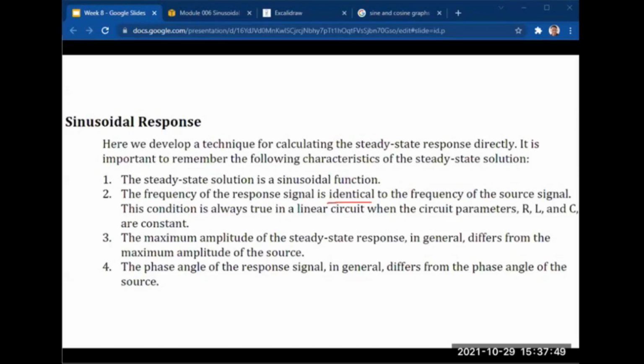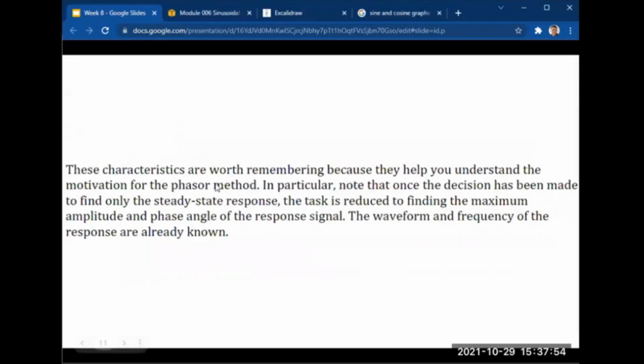That being said, as discussed in the second slide here, since only the maximum amplitude and the phase angle are different, what we are going to do in the response is only to find the maximum amplitude and phase angle.